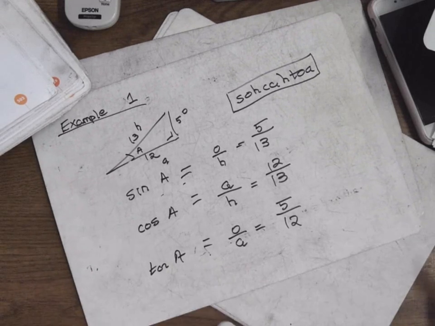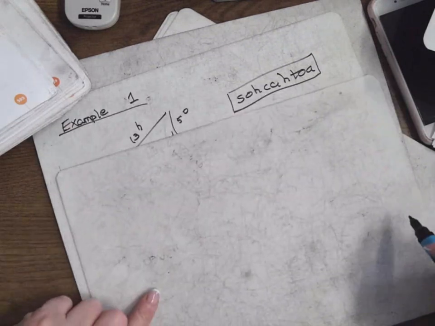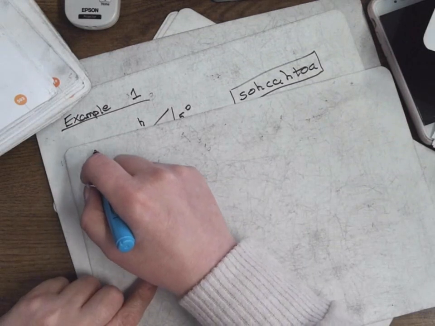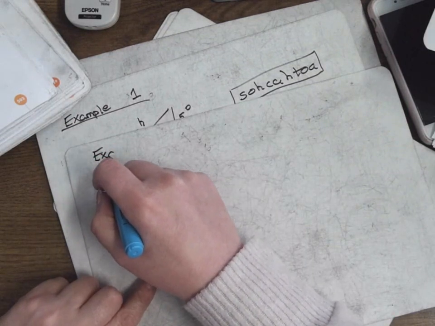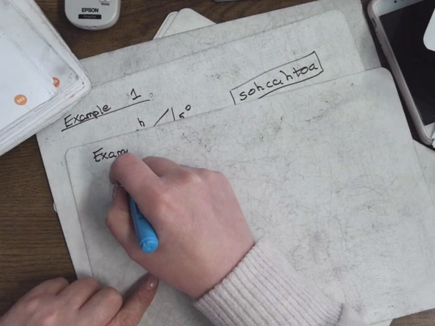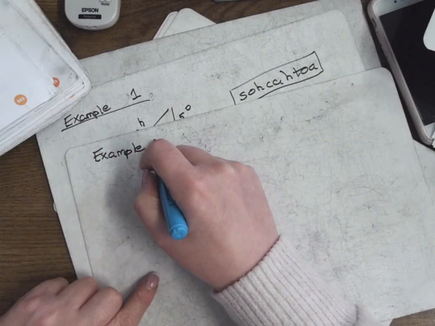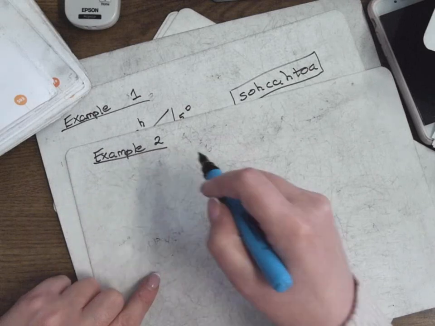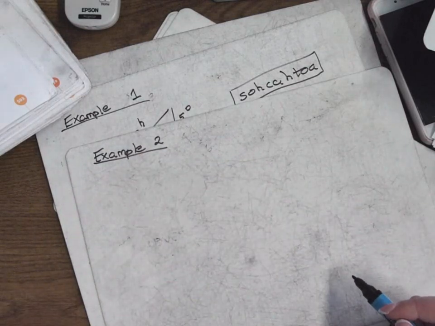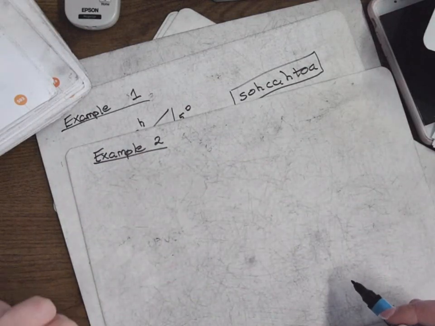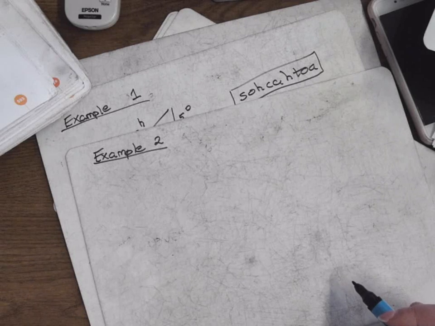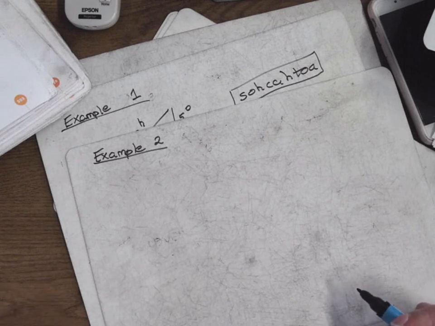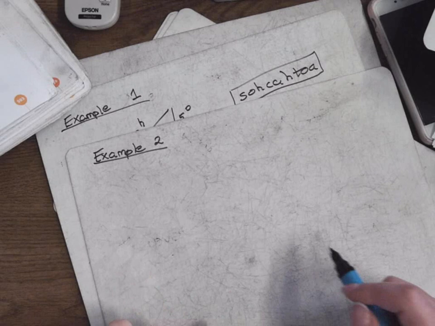Right. So example 2. Now, for example 2, we're going to use Pythagoras' theorem and SOHCAHTOA. What we learned yesterday and what we learned today are all going to be muddled into one, okay?